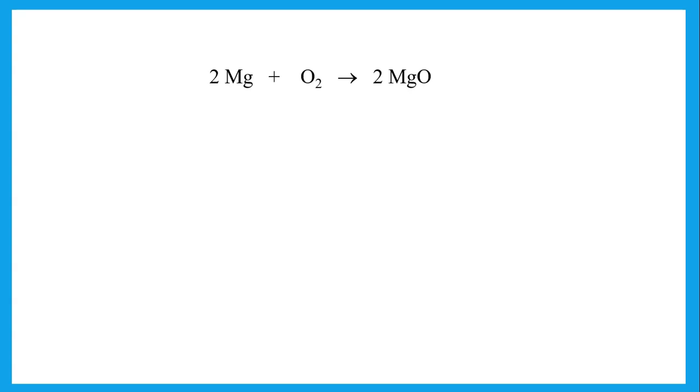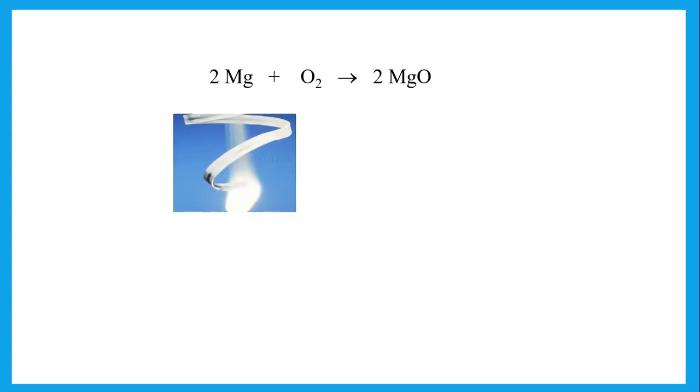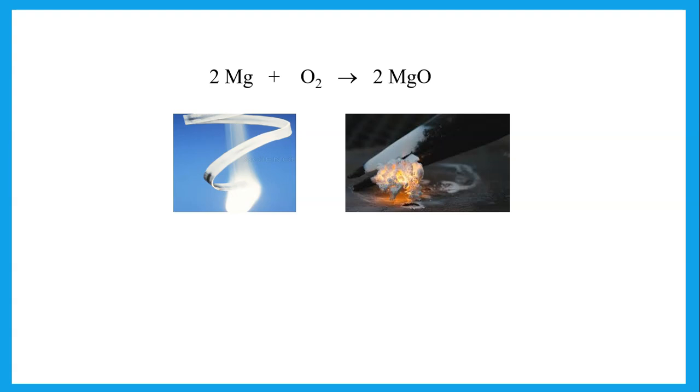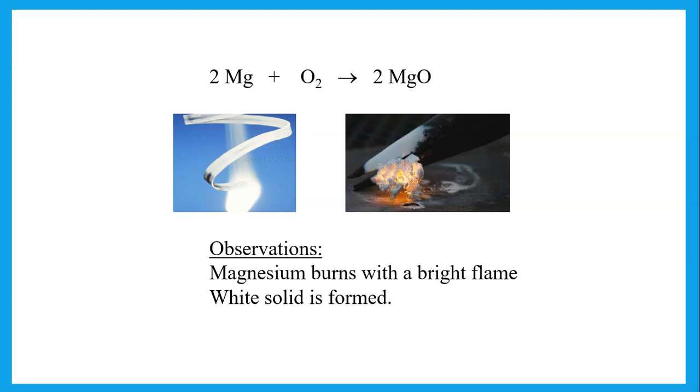So magnesium, for example, burns in oxygen to form magnesium oxide. And you should know that magnesium burns with a bright flame, or we say with a white flame. If we talk about flame color, we're going to say that magnesium doesn't have any flame color. It gives a white flame.